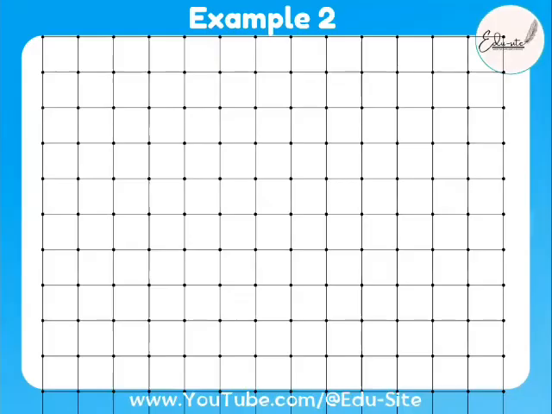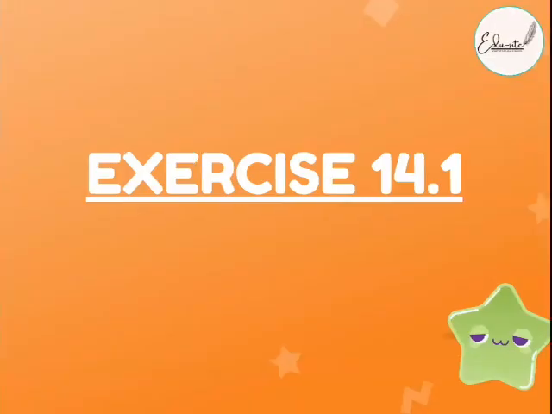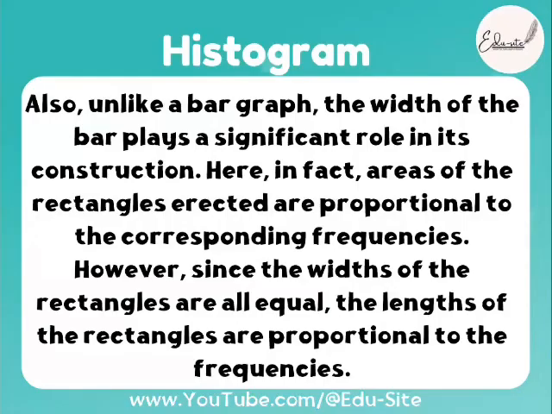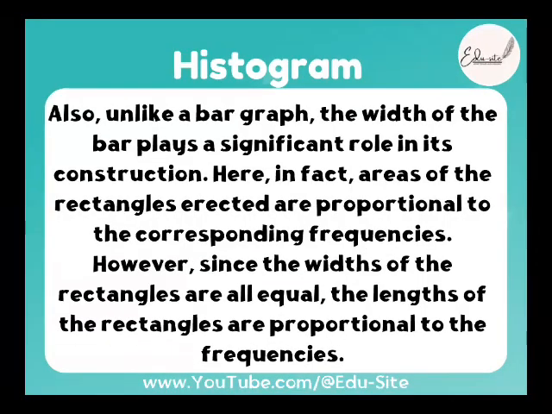Okay, alhamdulillah, bar graphs was easy for you. Mashallah, let's now check the histogram. We have completed histograms with uniform widths. Today we'll see the histogram with non-uniform widths, okay? Remember, I had told you one thing: the lengths of the rectangles are proportional to the frequencies.